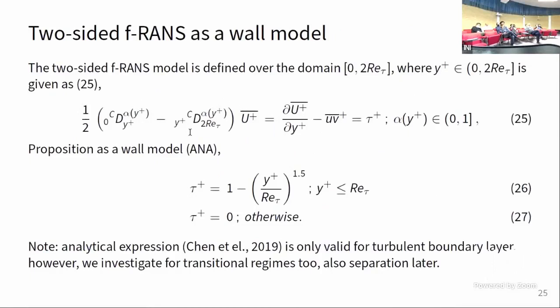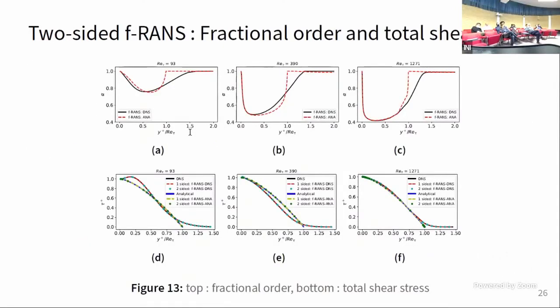For the sake of completeness, we also investigated the two-sided model. The conclusions for the two-sided model are exactly the same as the one-sided model, but of course, numerically speaking, the value of the fractional order will have some differences between the two, but qualitatively, the discussions are quite the same.